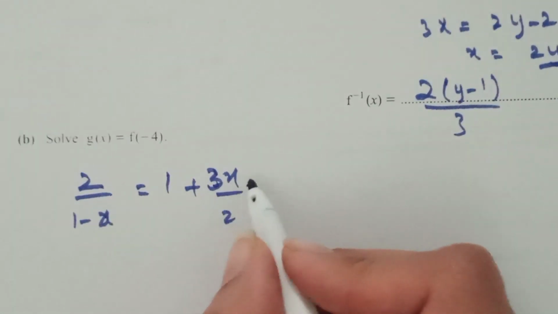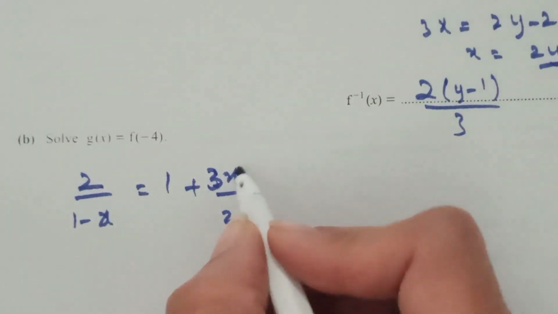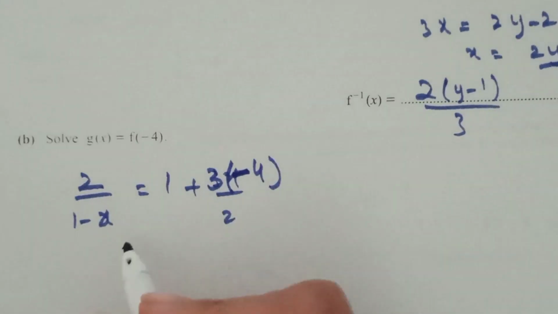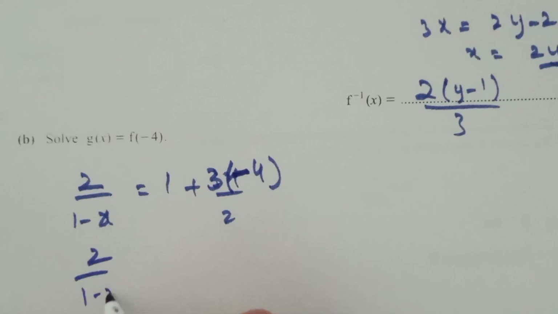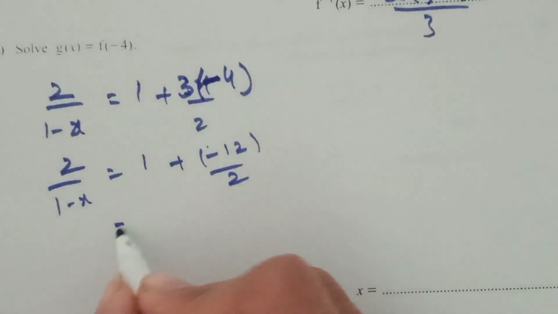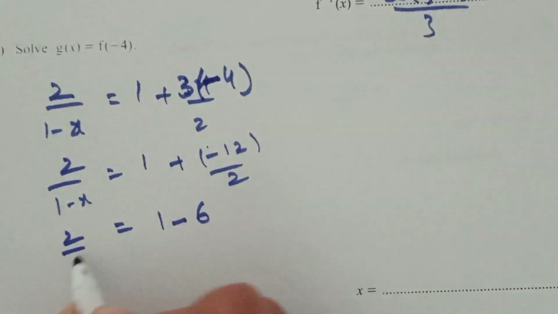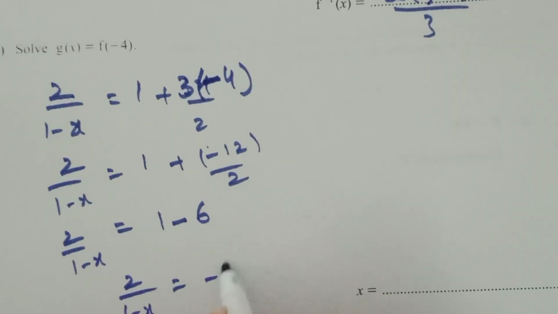It means we have to write the position of x as minus 4, and when we multiply it we get 2(1 minus x) over 1 plus 12, minus 12 over 2, and by subtracting 1 minus 6 we get 2(1 minus x) equals minus 5.